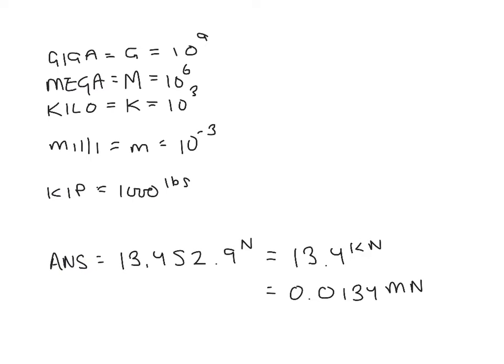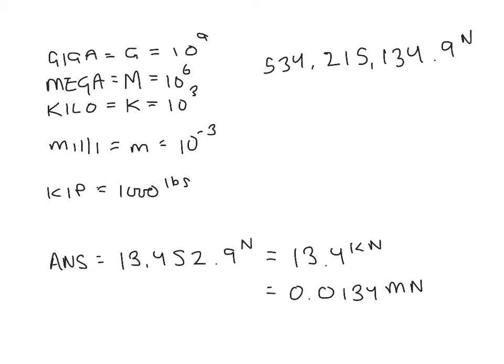Or if your answer was significantly larger, like for example, maybe the answer you got in your calculator was 534 million, 215,134 remaining, and maybe you have some 0.9 remaining. And we're working in newtons.